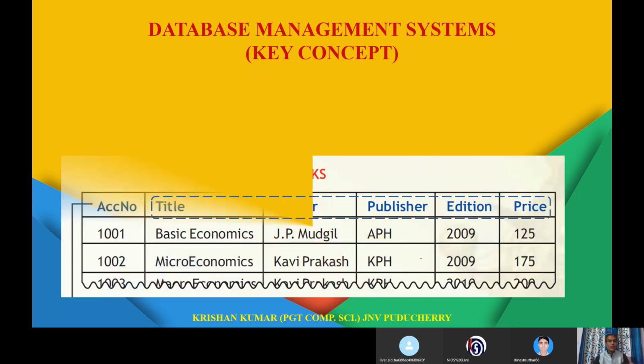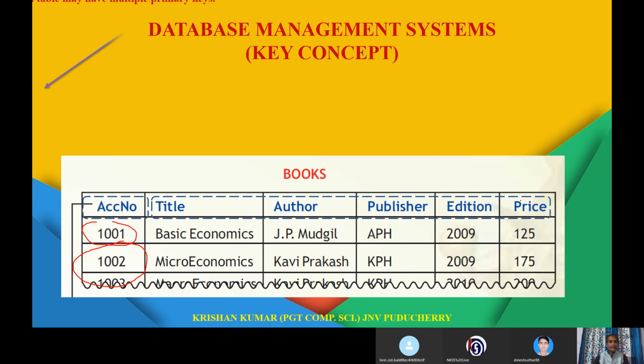Now, out of all these columns, if any column holds a unique value, see, this column account number holds unique values, 1001 and 1002. Is it clear? All the columns, account number, title, author, publisher, edition and price, are called candidates.